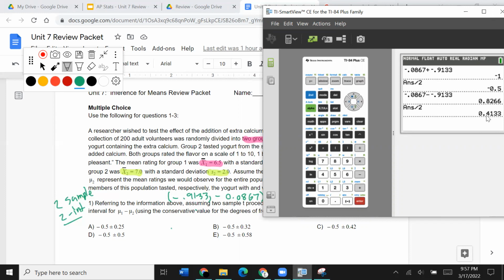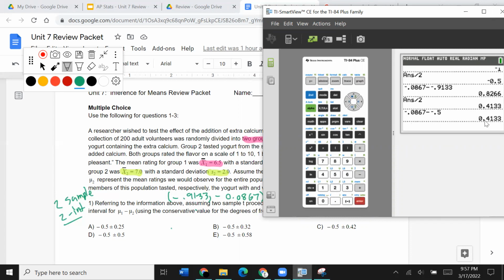That's your margin of error. You can also get that value by taking the higher number here, negative 0.0867, and simply subtracting that negative 0.5. And you'll get that same value that way too.